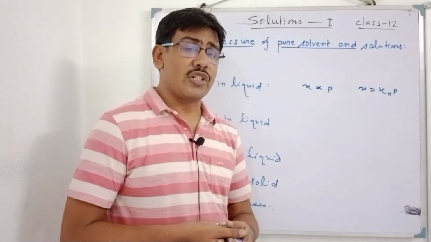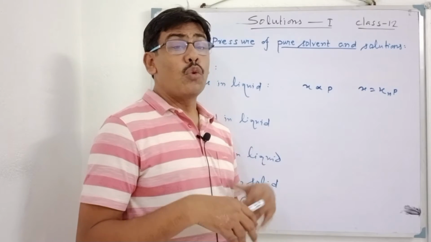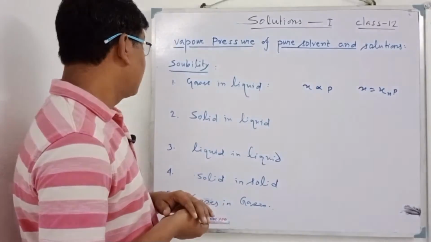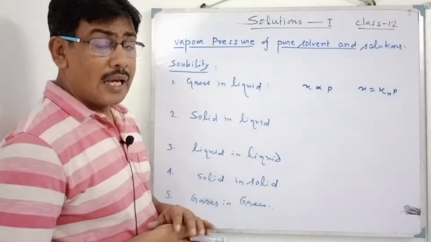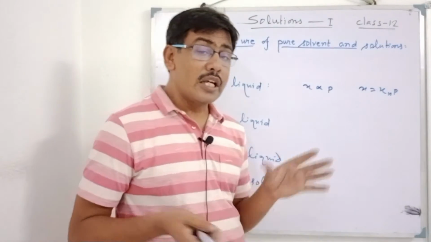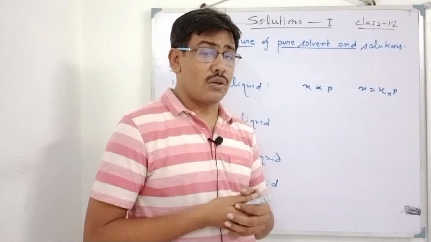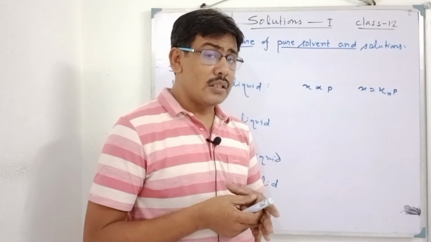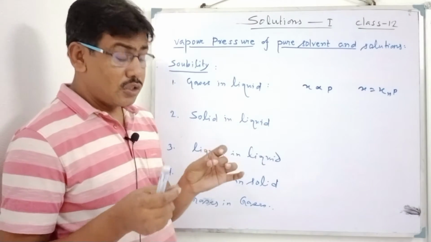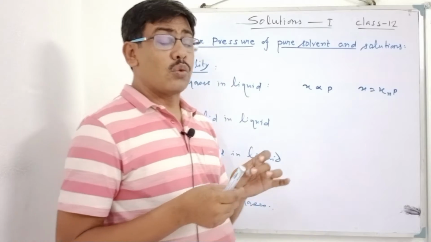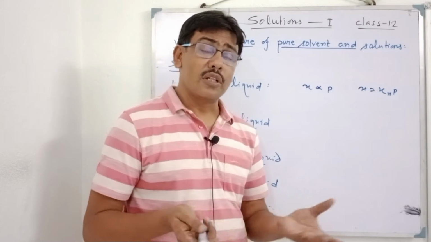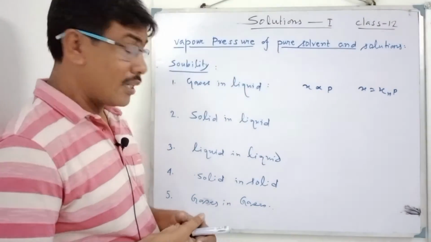If you increase the temperature, then more of the solid solute gets dissolved in the liquid. It also depends on the nature of the solid particles. If the intermolecular force of attraction between the solid particles is weaker than that between solvent and solid particles, then more solid gets dissolved in a pure solvent at a certain temperature.